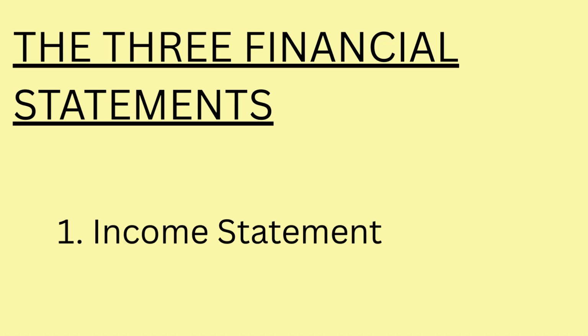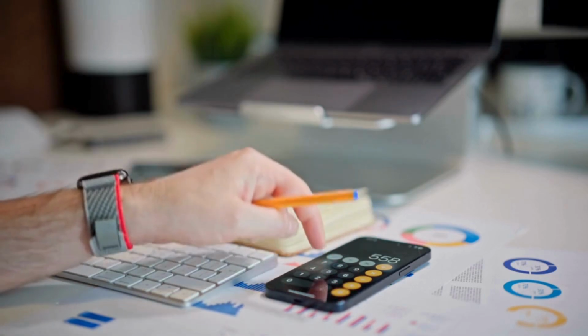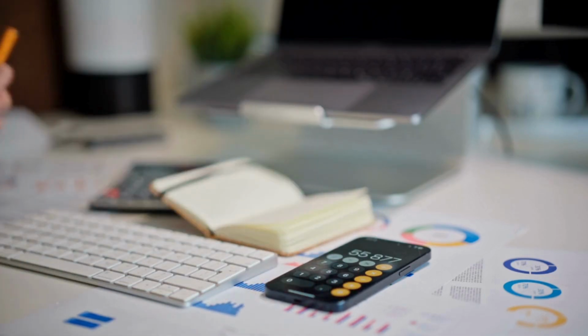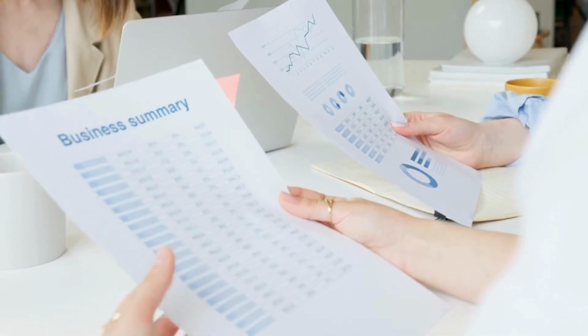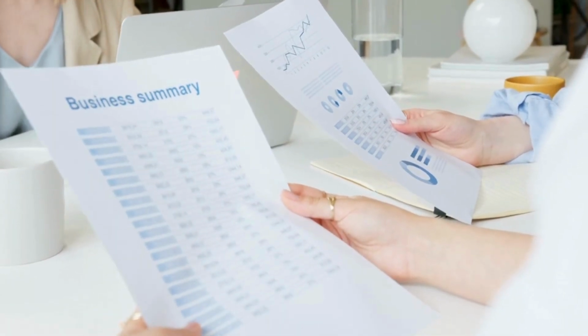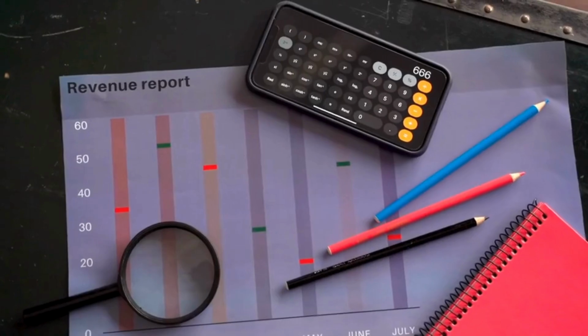The 3 financial statements. 1. Income statement shows revenue, expenses, and profit. The most important numbers here include revenue growth, net profit, EPS, and all margins. 2. Balance sheet shows what the company owns and owes.